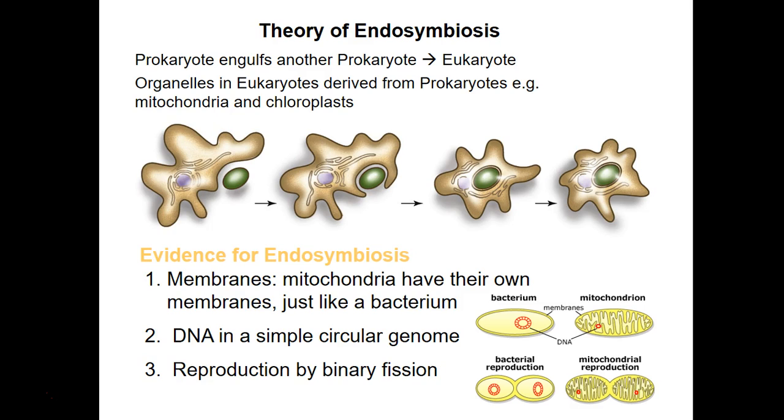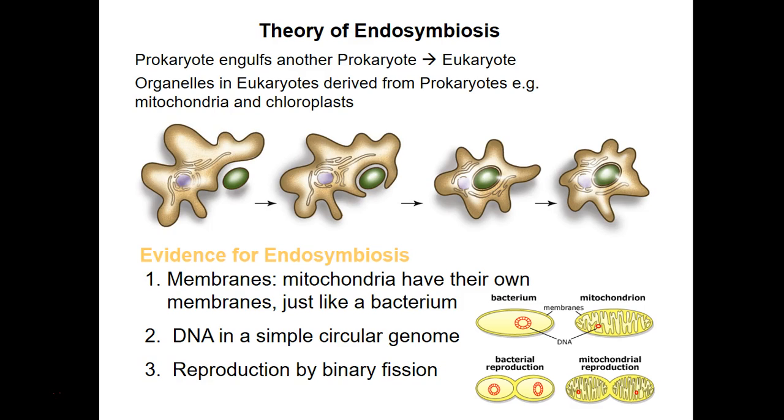And it's now understood that most of the organelles in eukaryotes have derived from prokaryotes, such as mitochondria and chloroplasts. And there are many lines of evidence for endosymbiosis. One of them is that mitochondria have their own membranes, just like a bacterium.